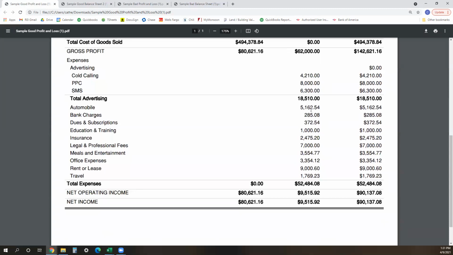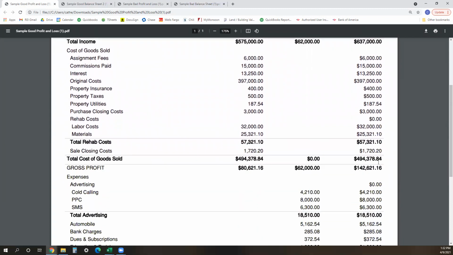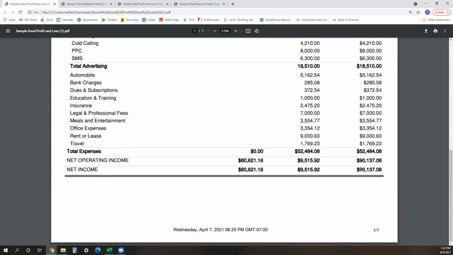Then you've got your regular office expenses, automobile, bank charges, dues and subscriptions, education, meals, and so on. And that'll pop out as 9,500, 15, and 92 cents. All of these will collect on the most right-hand side in a total column and will show you your total net income for that month.